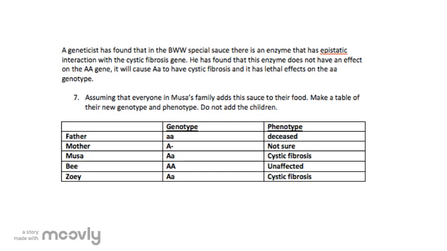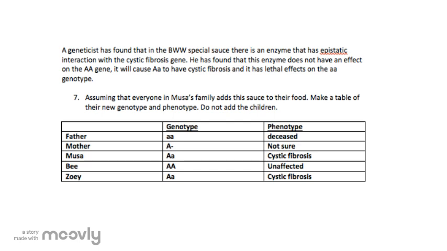The only thing that will change now is that Musa's father will be deceased or will die because of eating the sauce, since the sauce causes the little a allele to be lethal. And then Musa and his wife Zoe are going to start having cystic fibrosis because the enzyme causes the heterozygous allele to now start manifesting cystic fibrosis.